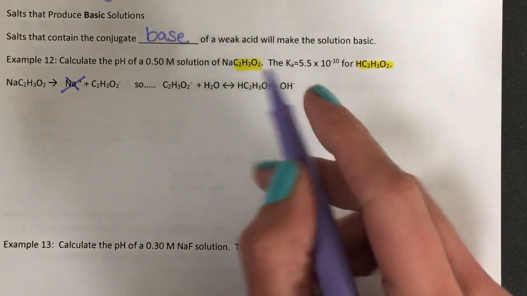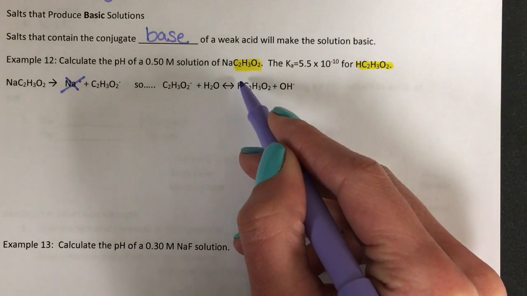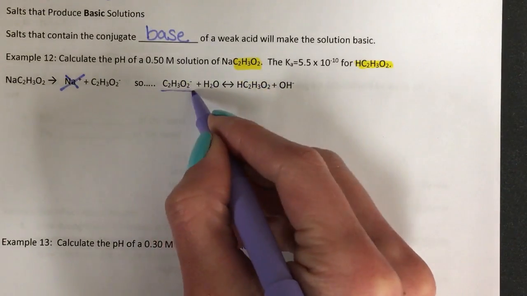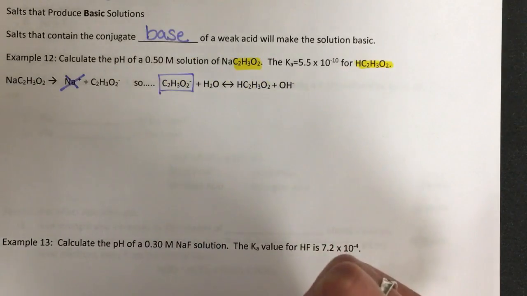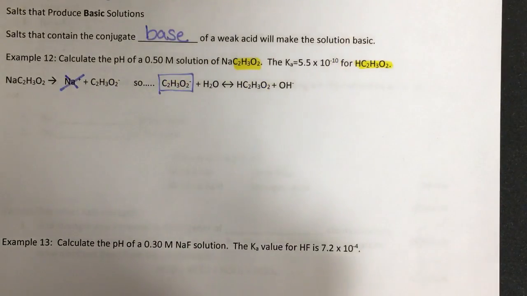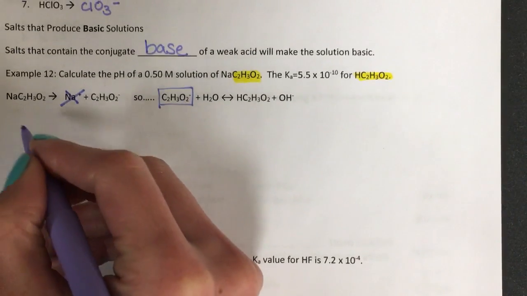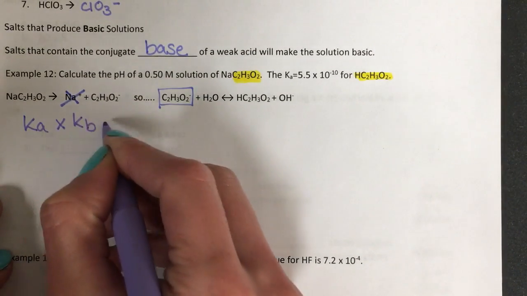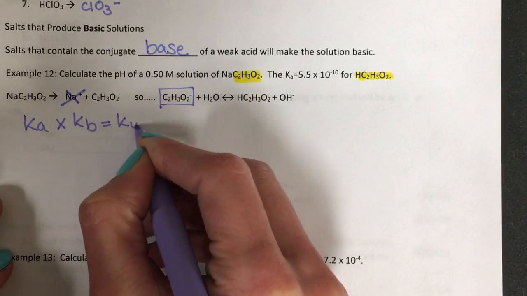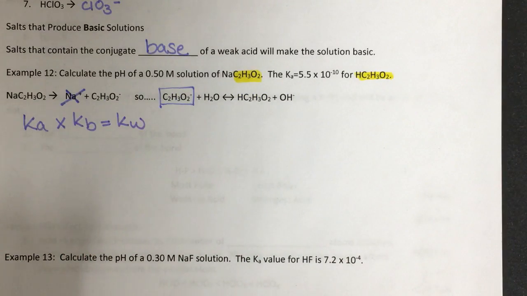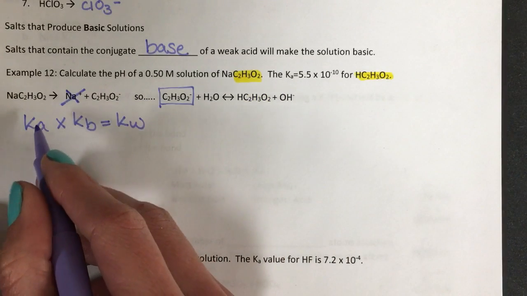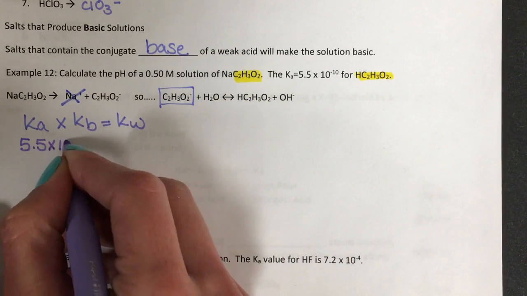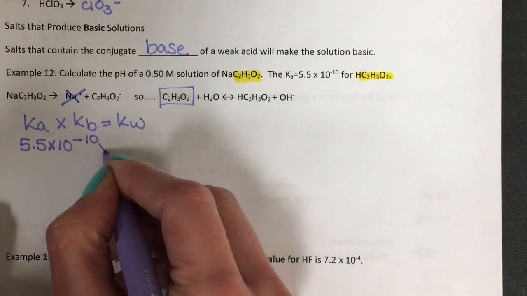They give me the Ka for this, but I don't have an acid losing an H. I have a base picking up an H. So I don't want Ka. If you remember, Ka times Kb equals Kw. Okay? They tell me that Ka is 5.5 times 10 to the negative 10th.